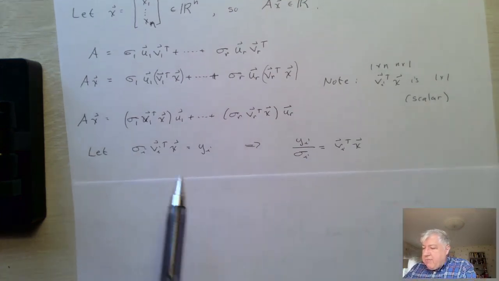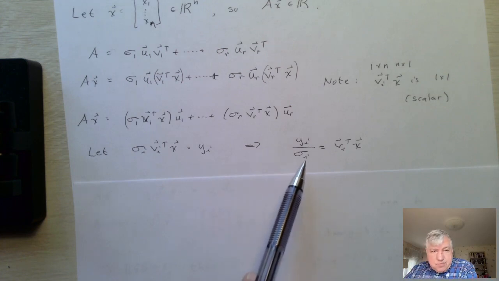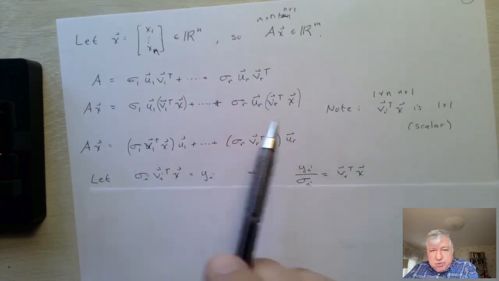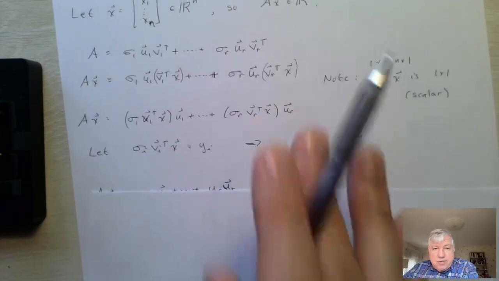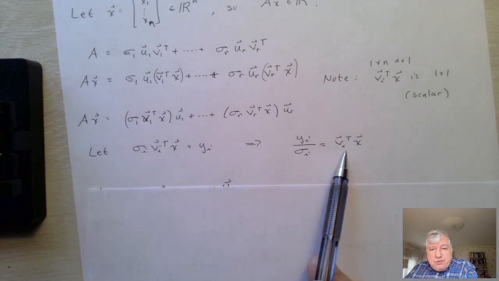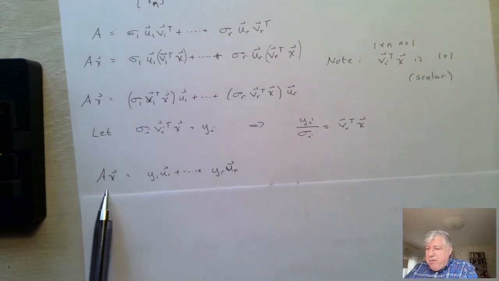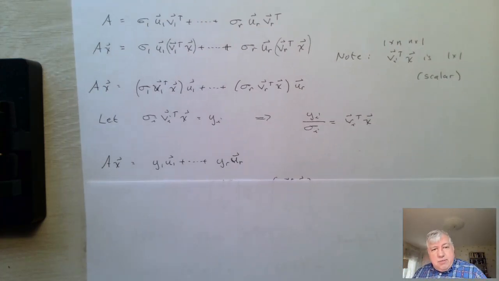Notice that we can divide both sides by sigma_i, because sigma_i is not 0, since we're only working up to sigma r. So y_i divided by sigma_i is v_i transpose times x. Now Ax is written as a linear combination of u1 through ur. Remember, u1 through um is a basis for R^m, so that's going to be a big deal.